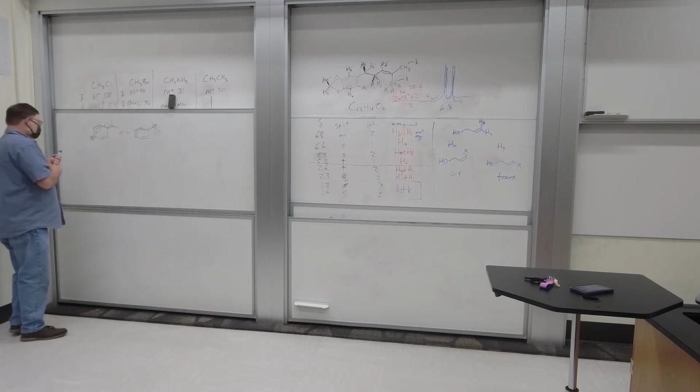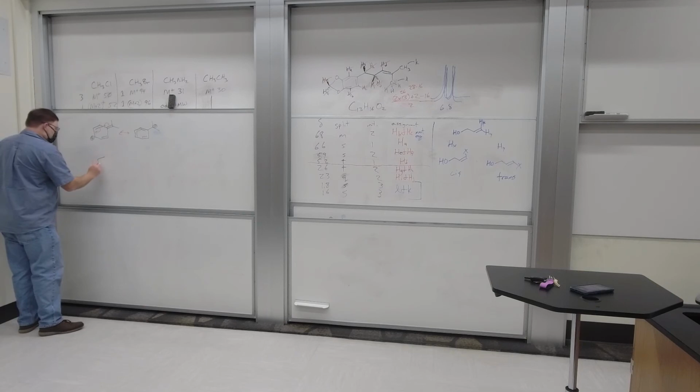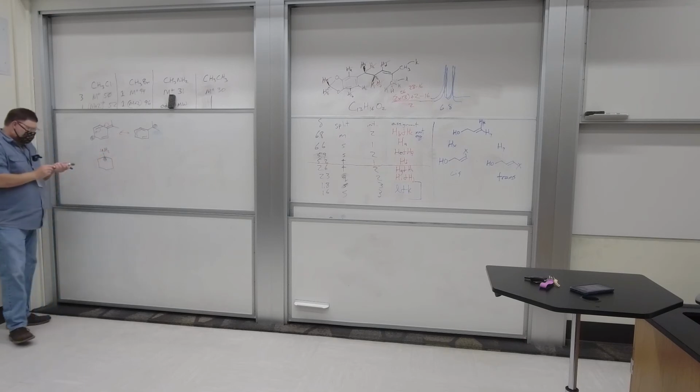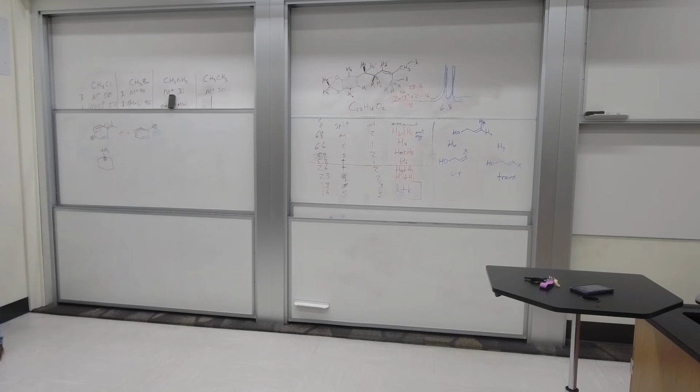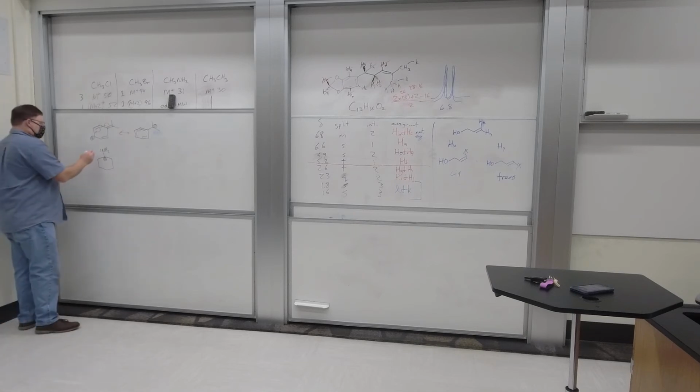The other one was, I think, the one you were asking about. All right, so this one, and I think a fair number of people sort of just said there's not a more stable resonance structure. Okay, that could be true. In this case, though, the nitrogen lone pair can form a pi bond.